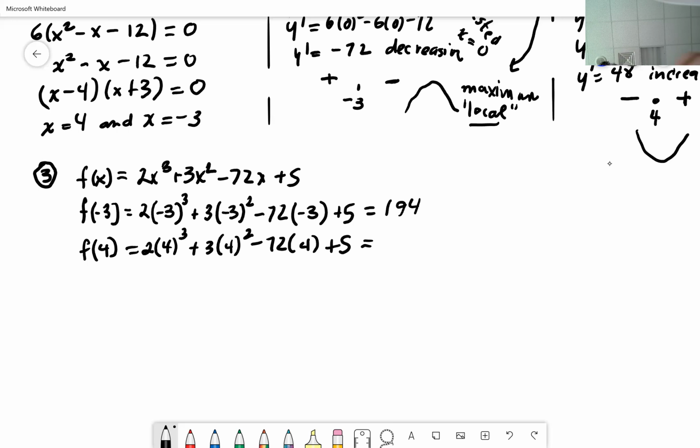And this comes out to be negative 107. So our coordinates associated with the original function, where we have the local maximums and local minimums, or stationary points, are this and this.